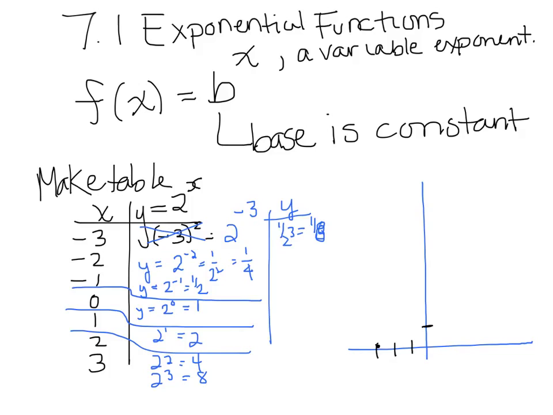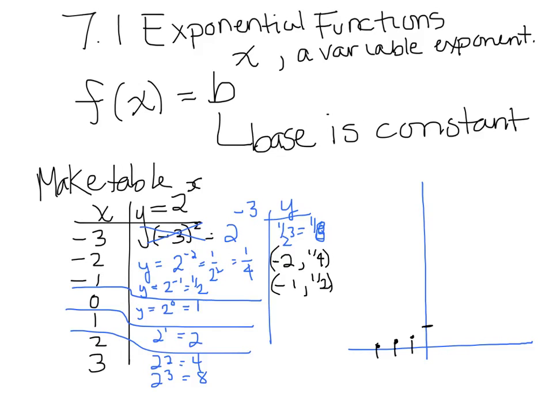And then I have a value that's -2 for x, and 1/4 for y. So again, -2 in the x puts me here, 1/4 puts me just above the x-axis. When I have -1, I have a half. So I'm not making a lot of progress yet, but I am getting a little bit higher.